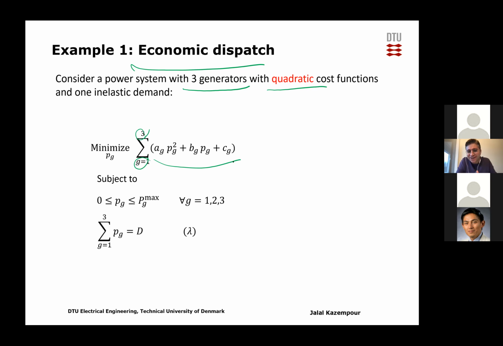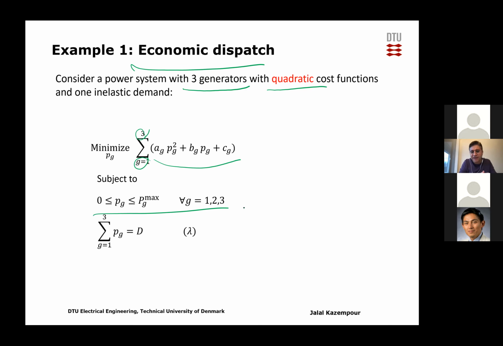It's not a market clearing problem, because in the market clearing problem, the generators bid in a linear way or in a piecewise linear way. Here it's economic dispatch. Let's say that we have just a single system operator and 3 generators. They have quadratic cost and we are trying to minimize the system cost. The demand is inelastic, so we are minimizing the cost, not maximizing social welfare.